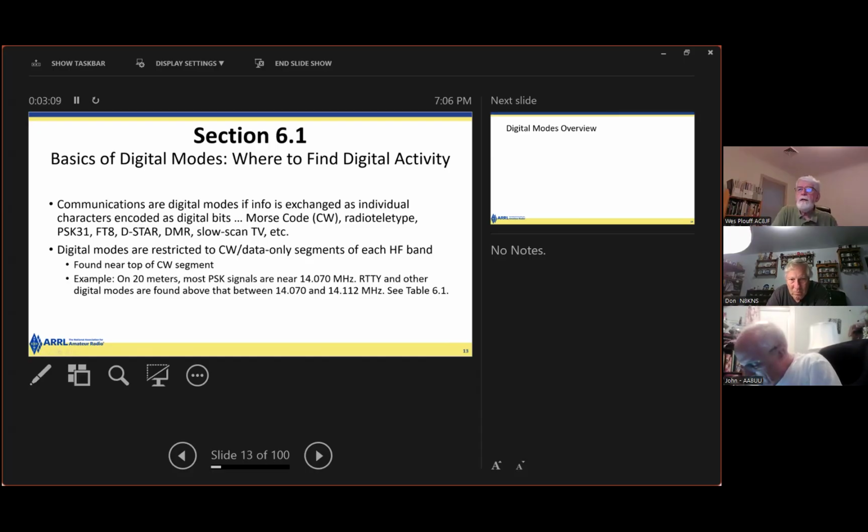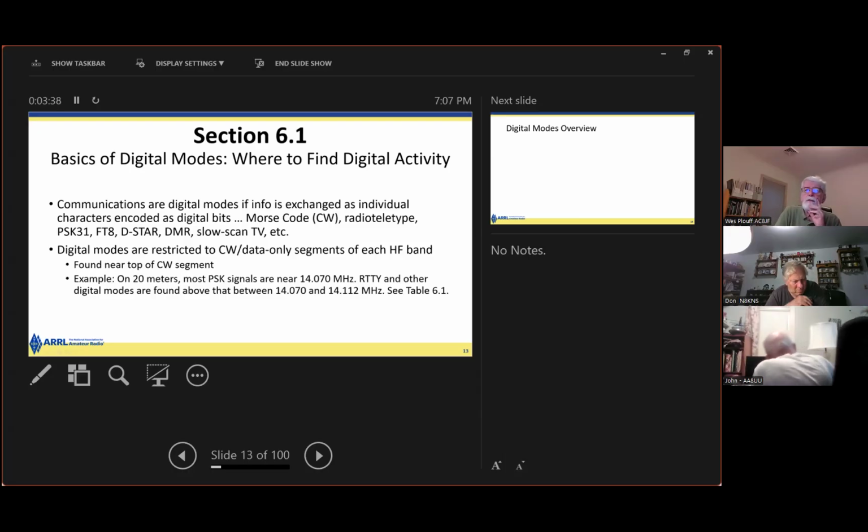The example here, there's a table in the book, is that digital modes are found above 14.070 megahertz, 14070 kilohertz, and by general agreement, each digital mode has its own narrow set of frequencies where you can usually find it.